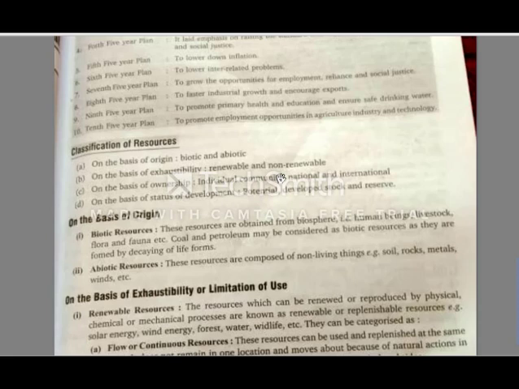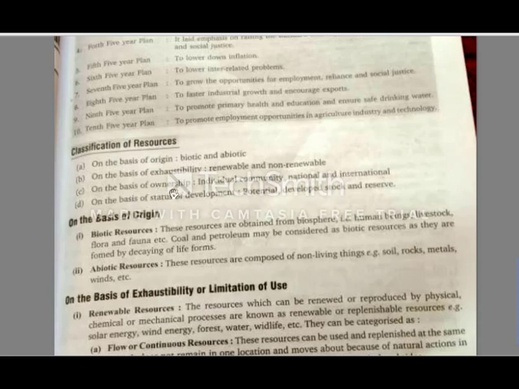And non-renewable resources means those resources that cannot be replaced at all. They take millions of years to form. They occur over a long geological time. They are divided into recyclable and non-recyclable resources.